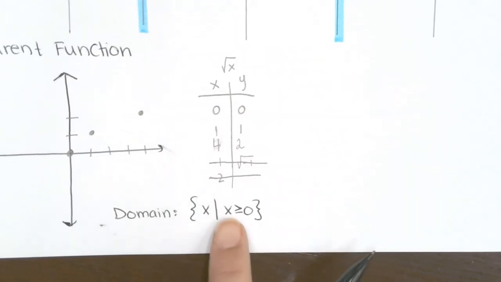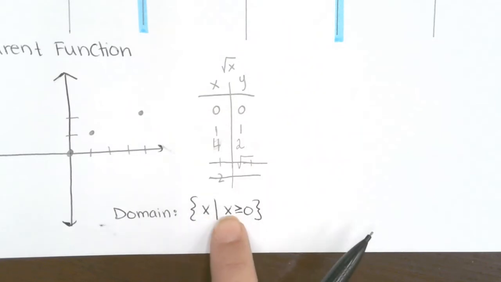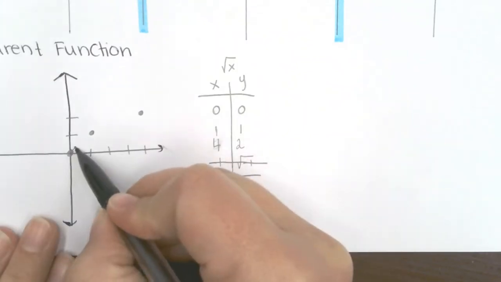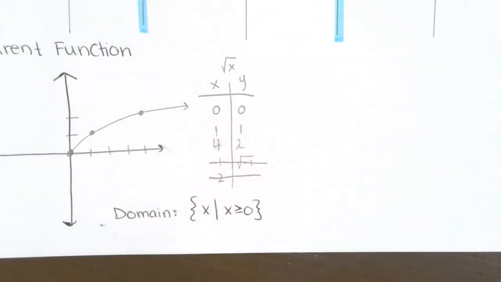So that means we have a limited domain, where domain is the set of all x's such that x is greater than or equal to 0. It cannot be less than 0 because we can't take a square root of a negative number. So that means we are going to stretch this out, but only do it towards the positives.